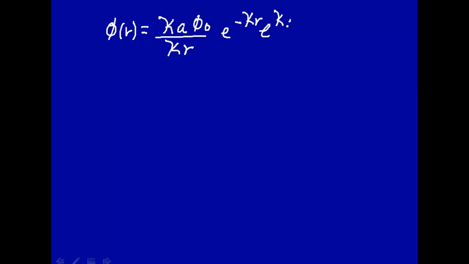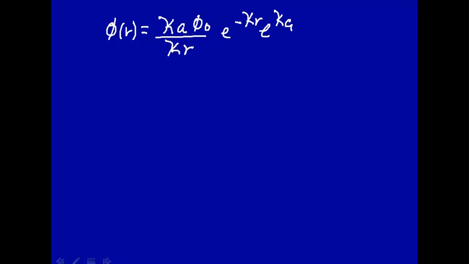we have that the Debye potential is equal to the constant kappa a phi 0 divided by kappa r, e to the minus kappa r, e to the kappa a.